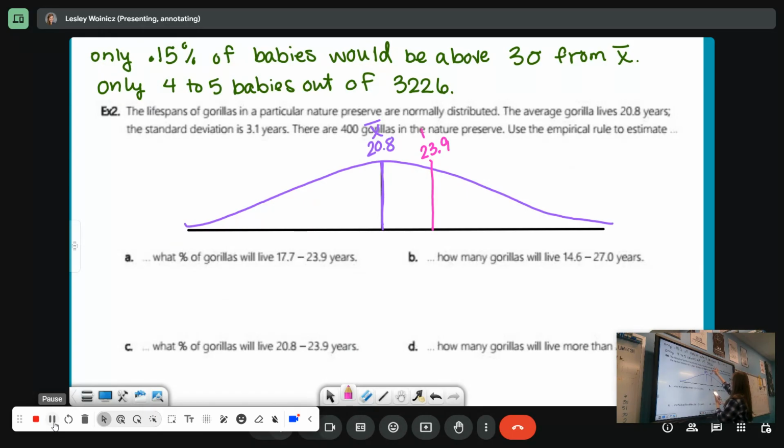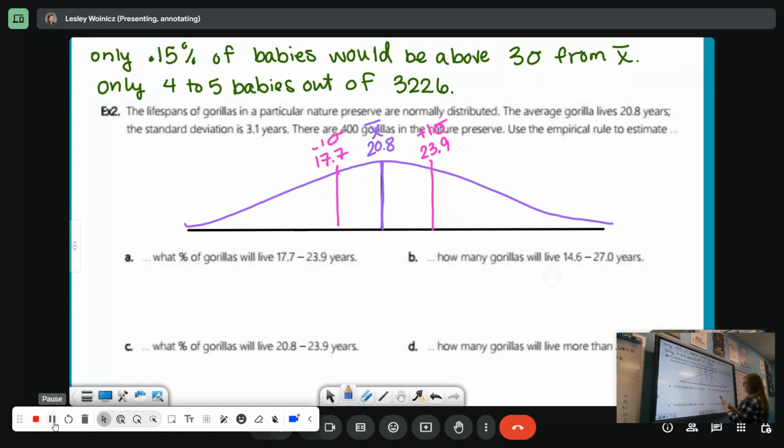Now if I subtract 20.8 minus 3.1, I'm getting 17.7. So this is minus 1 standard deviation, and it is 17.7.